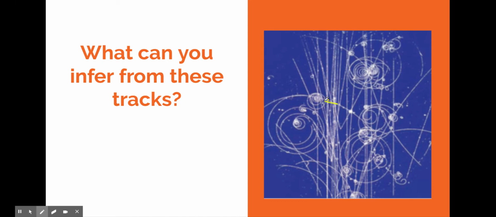The fact that these circles in general spiral towards the middle might make you conclude that these things are slowing down as they are creating these tracks. Again, the point is, and the game that particle physicists play, is try to figure out the nature of a particle by looking not at the particle itself, but the tracks of that particle.